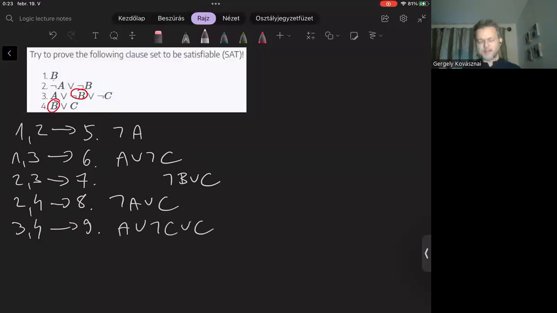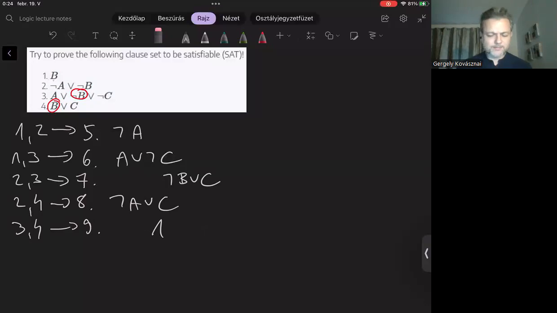Let's say I pick not B and B, and therefore the resolvent is as follows: A or not C or C. And this clause seems a little bit strange because it contains two contradictory literals. So this part in the clause equals 1. Therefore, we can simplify the resolvent to A or 1, which can further simplify to 1. So basically, I just generated a resolvent which is always true.